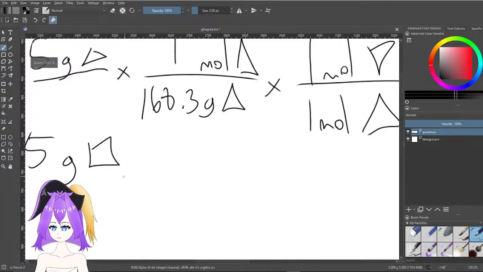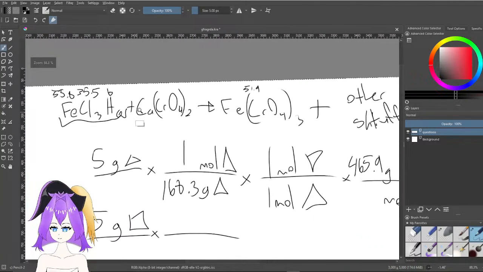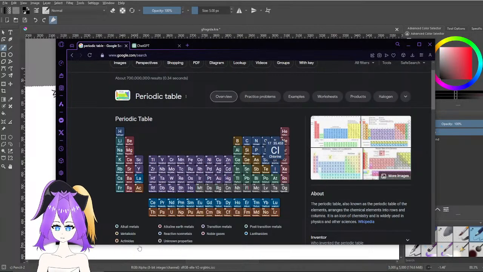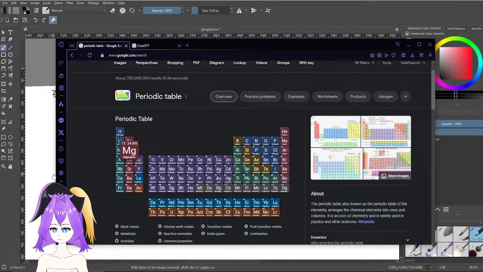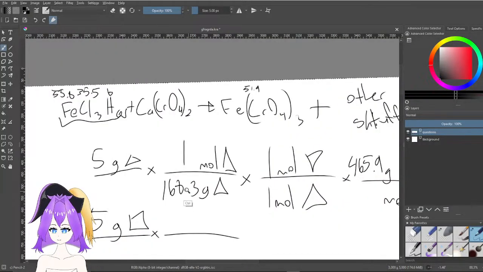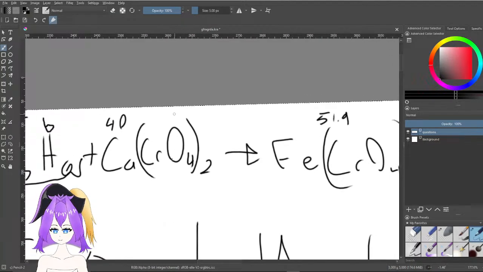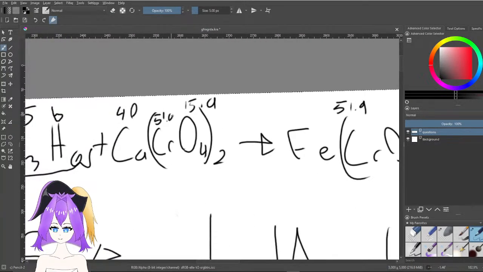If we do the same thing here. So this is going to be calcium. What is calcium? Calcium is just flat 40. Yeah, flat 40. 15.9, and then chromium is that.